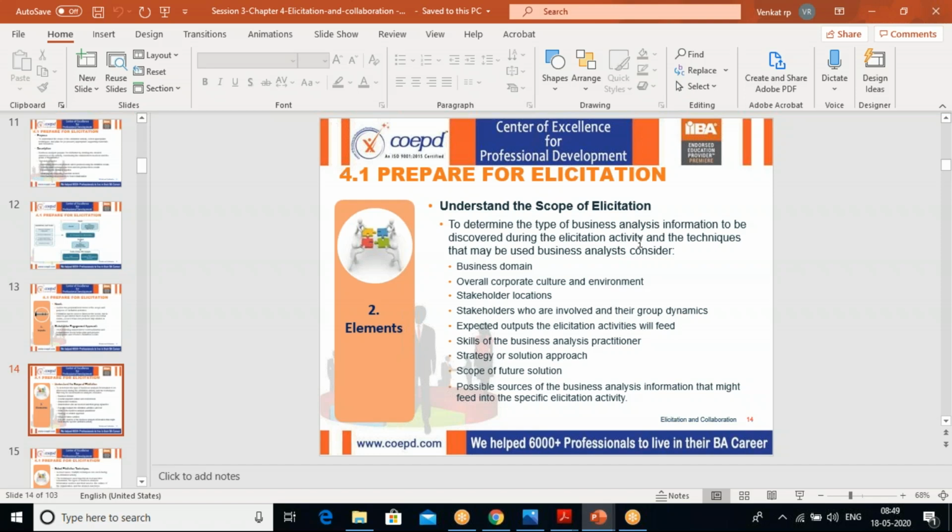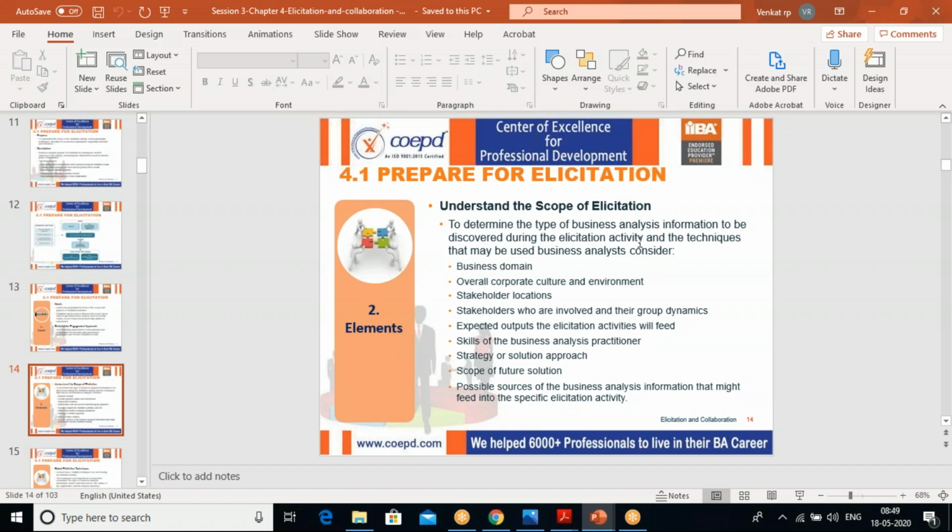Before we propose any techniques for elicitation, we first have to understand the scope of the elicitation. This is the context in which we need to do the elicitation. The context is the business domain, overall corporate culture and environment, the stakeholder locations, the stakeholders involved and their group dynamics, what the output of the elicitation activity will be, and the skills of the business analyst as well.